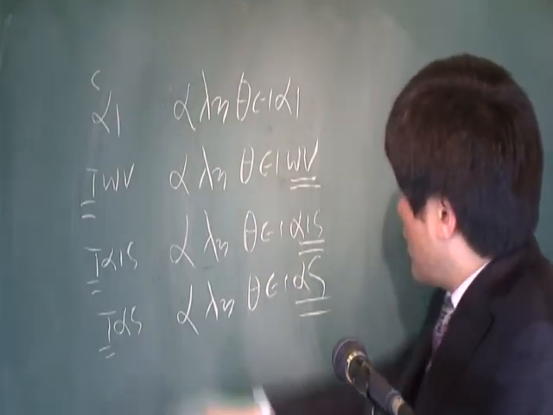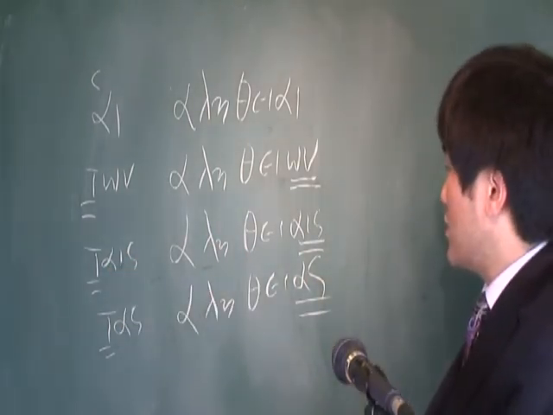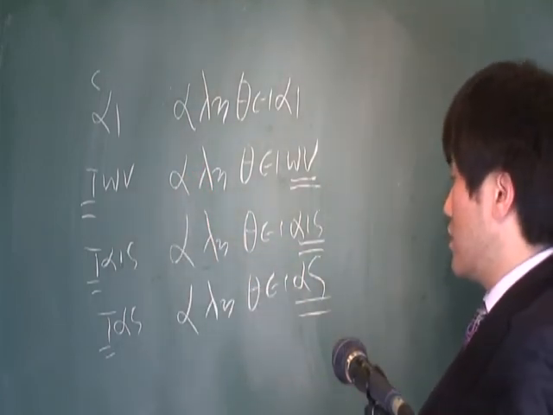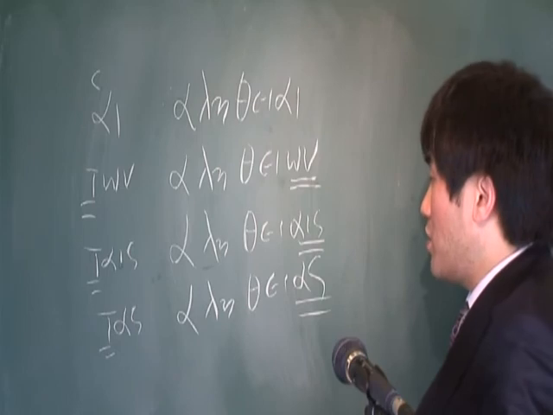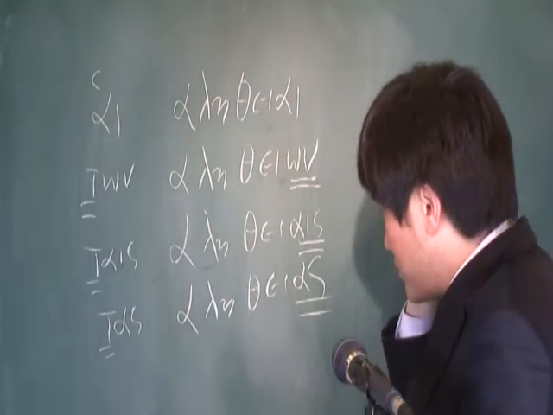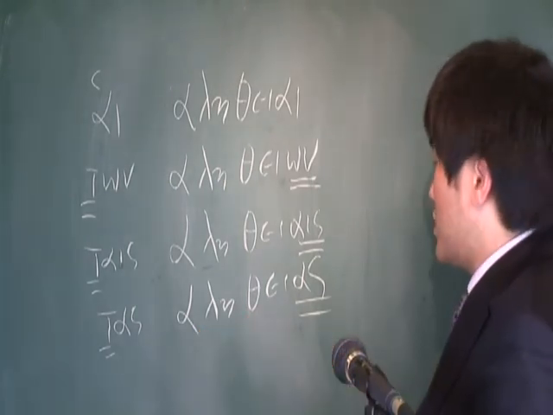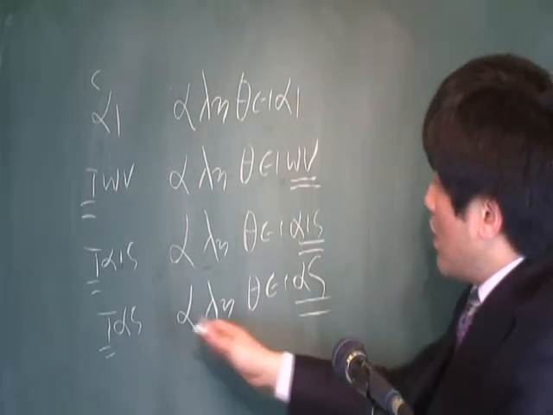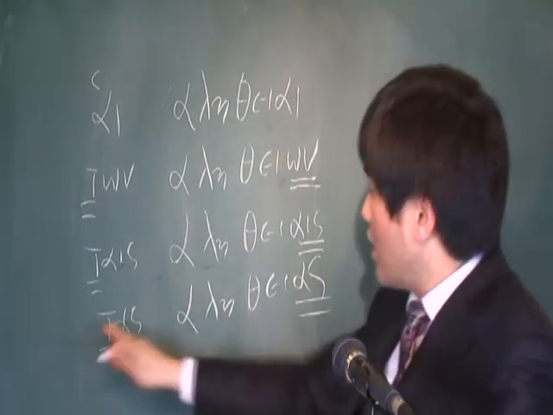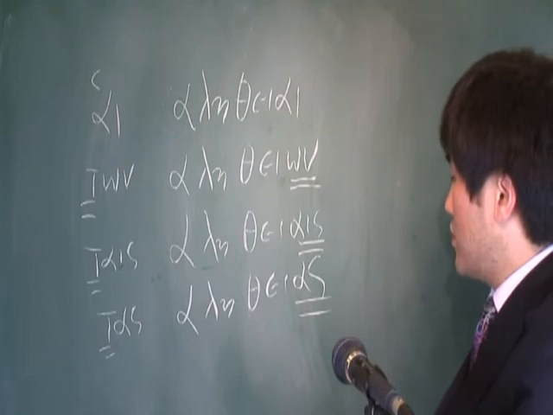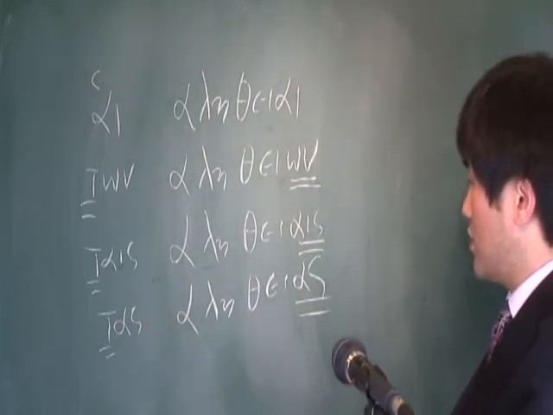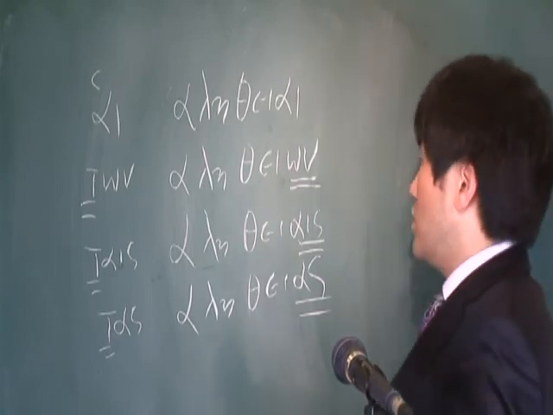Let's look at the plural forms. Please read along. Hoi, hai, ta, ton, ton, ton, tois, tais, tois, tous, tas, ta.